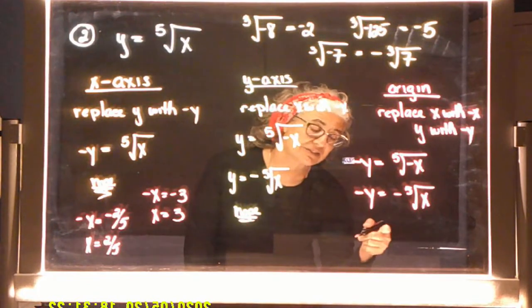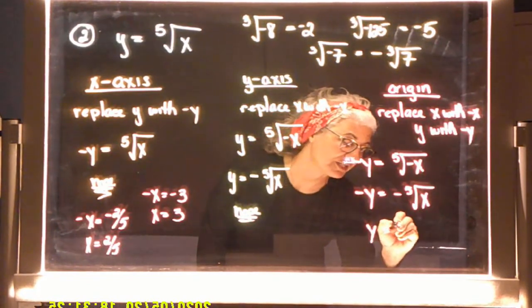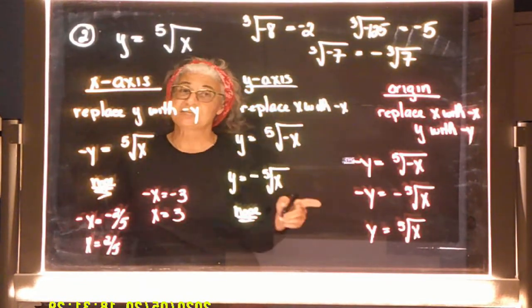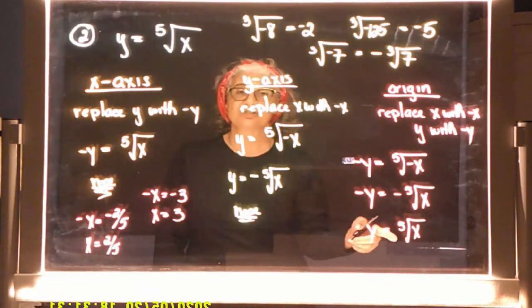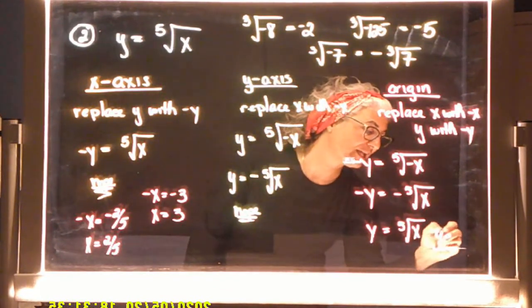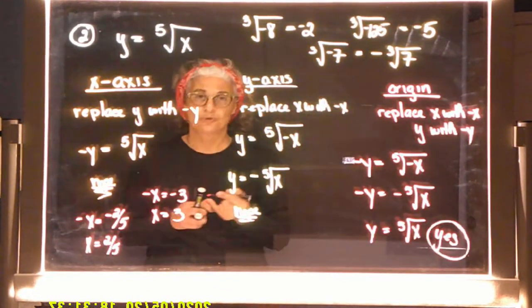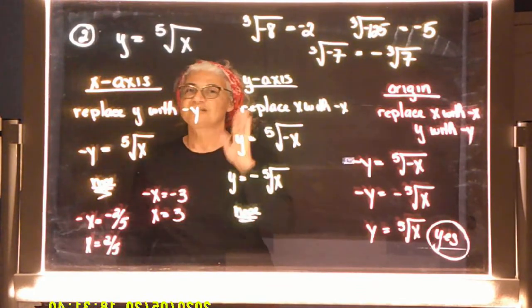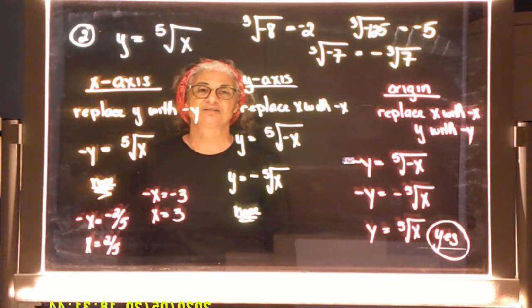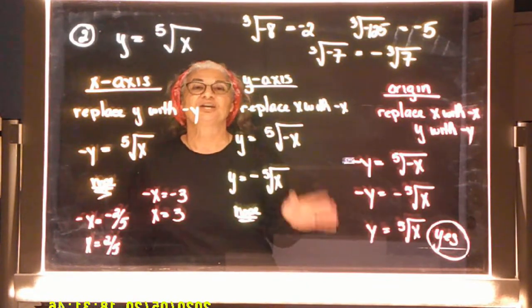So over here, yeah, you would have y equaling a positive fifth root of x, which means this equation is now equivalent to this one, which means in this particular case, I do have origin symmetry. No x-axis, no y-axis, just origin symmetry. Cool? Okay, so hang in there.